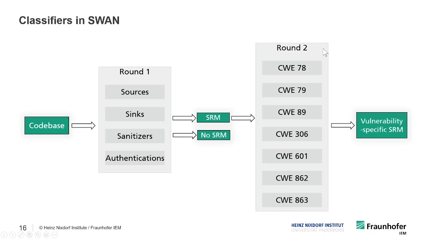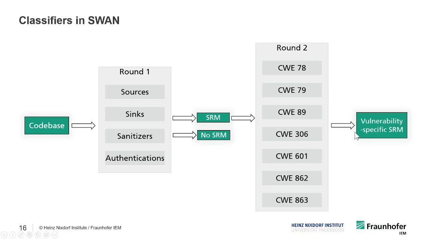For each of these CWEs, we have built an individual classifier, which is also a binary classifier, which will tell for each SRM given as input whether this SRM is relevant for this CWE. So what we get at the end is vulnerability specific SRMs.